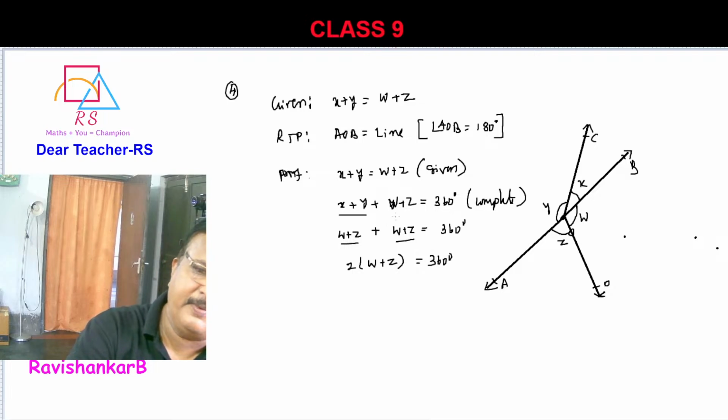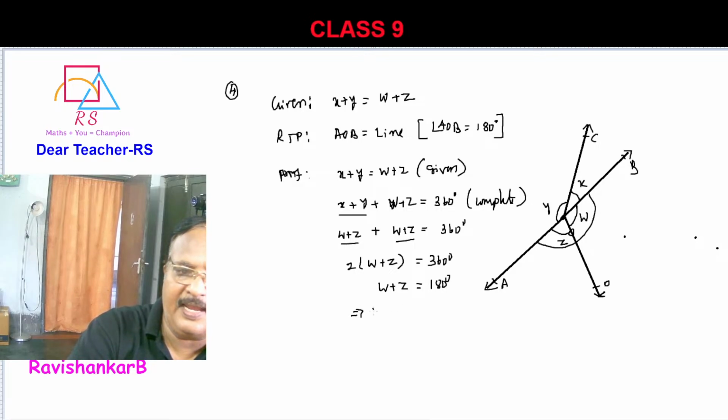You can replace w plus z with x plus y also. So now w plus z we have to find out. It is equal to 360 divided by 2. It is 180 degrees. So now w plus z is nothing but angle AOB. That means angle AOB is equal to 180 degrees. So that implies AOB is a line.